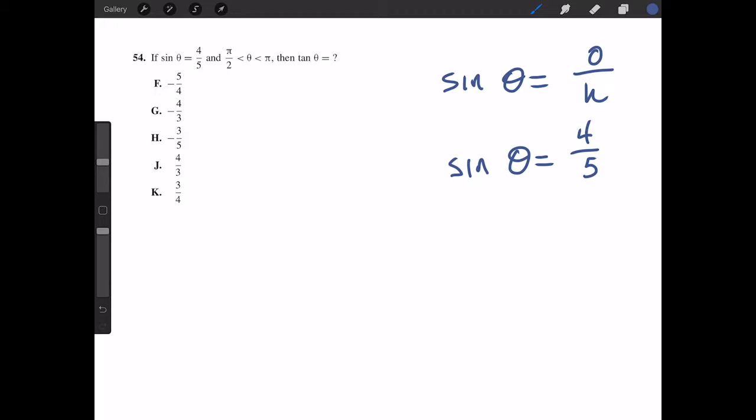You should always know this very special right triangle, which is the 3, 4, 5 right triangle. When the hypotenuse is 5, and one of the sides is either 3 or 4, then the other one is 4 or 3.